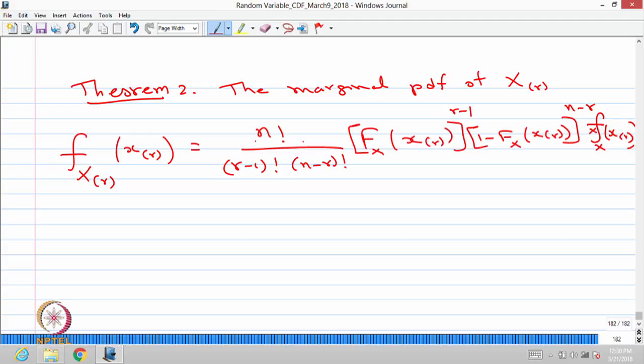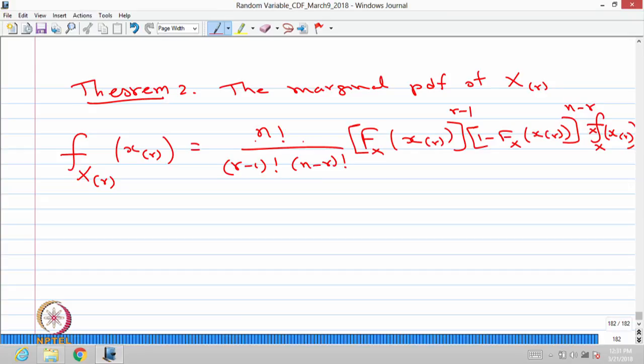This is going to be the probability density function of the rth order statistic by using the CDF and the probability density function of any one random variable.